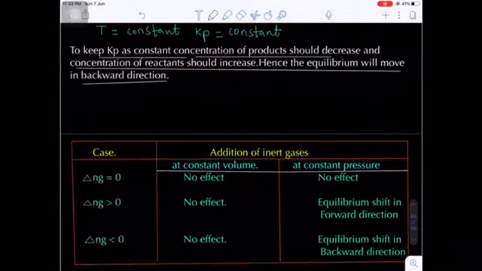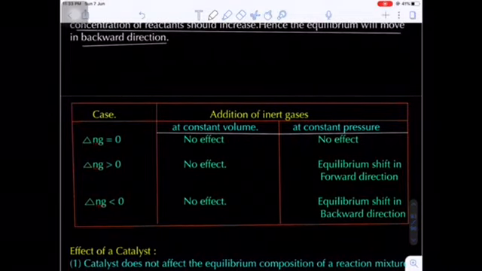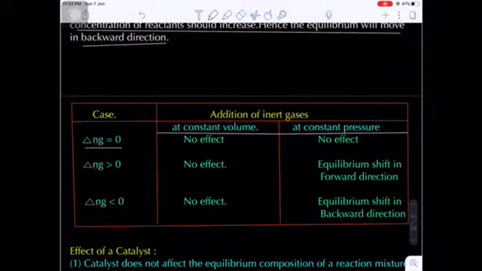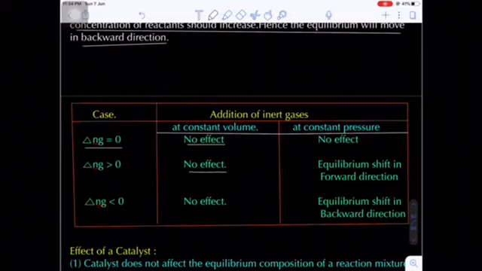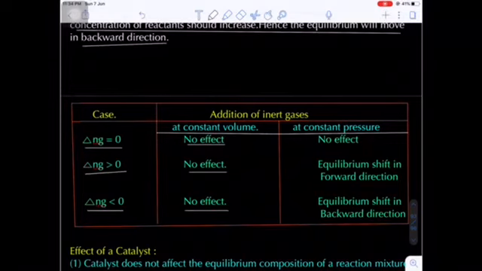Okay. Now these 3 cases I have written in this tabular form. Once again, case 1, when delta Ng is 0. At constant volume, there is no effect on the position of the equilibrium irrespective of delta Ng, whether positive or negative. Remember, whether constant volume is given or constant pressure is given in the question, this is compulsory.